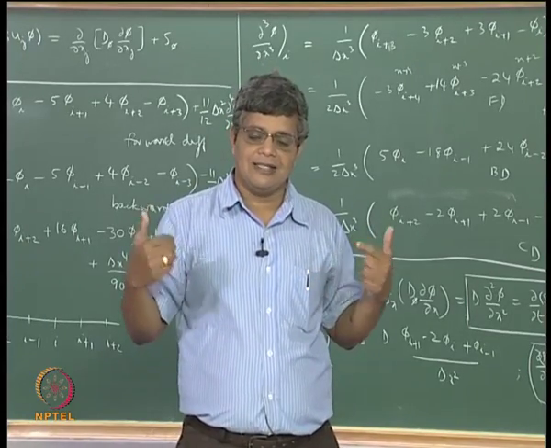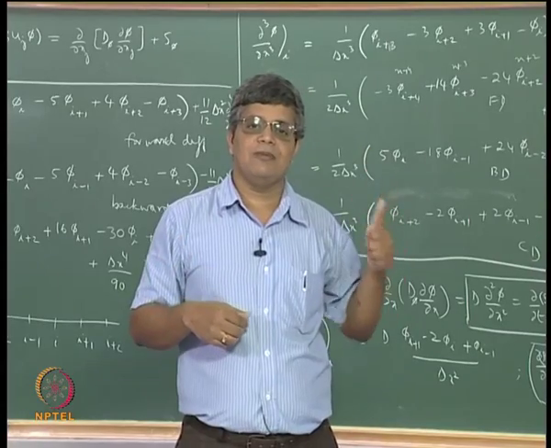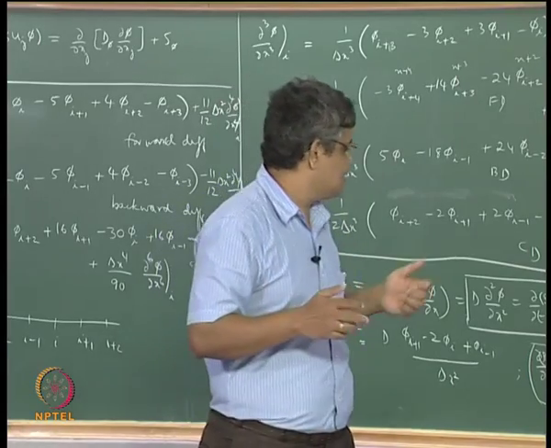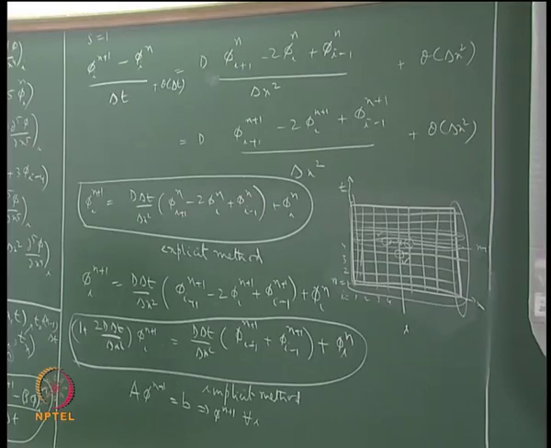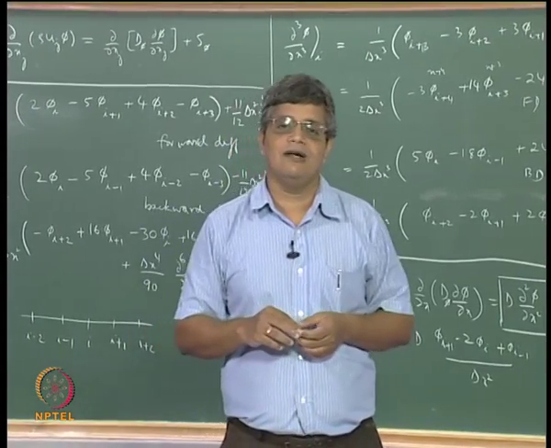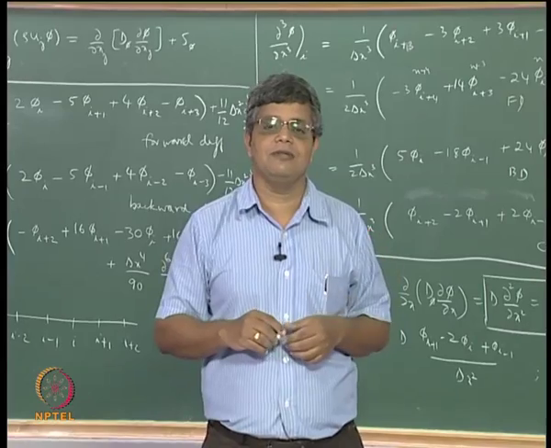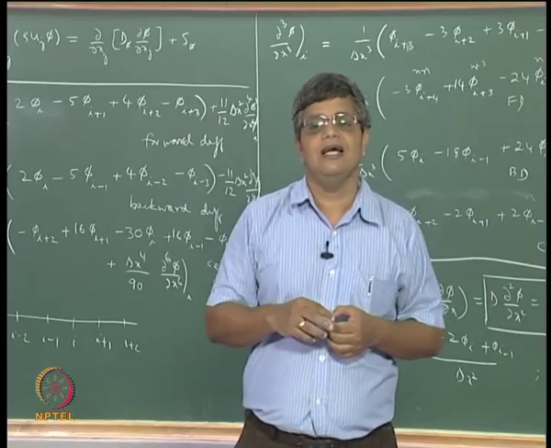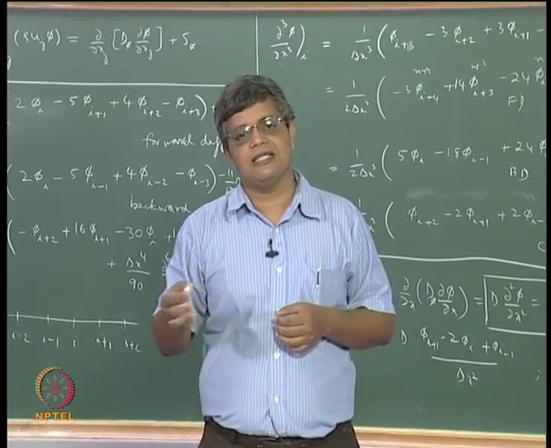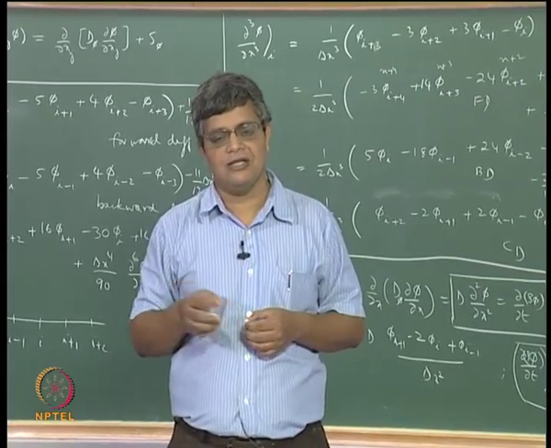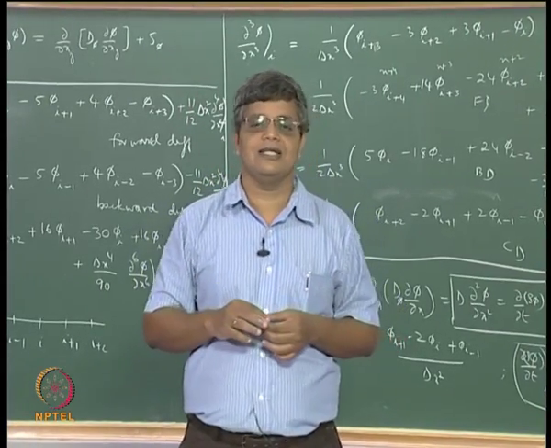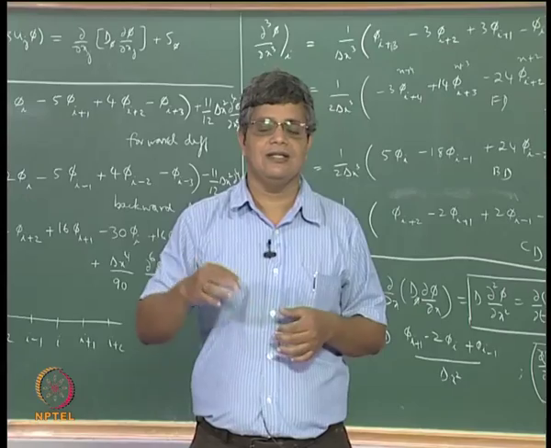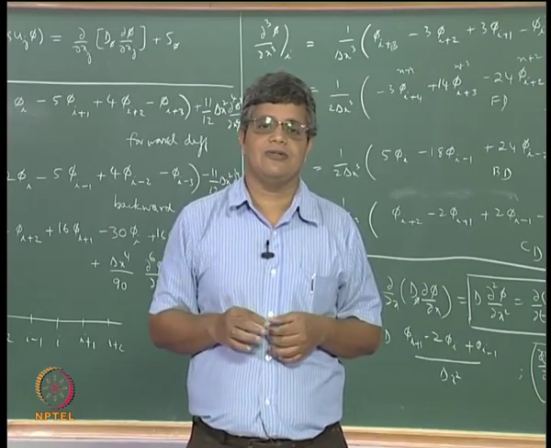As a result, we will be converting a single partial differential equation into one big set of algebraic equations which can be written in a matrix form like A phi equal to B. Sometimes we may have nonlinear terms, in which case it will be a set of nonlinear algebraic equations, and in order to convert it into a matrix form we may have to linearize it. We will look at some linearization techniques or considerations in linearization, so that a given partial differential equation can be converted into something like A phi equal to B, which we can solve.